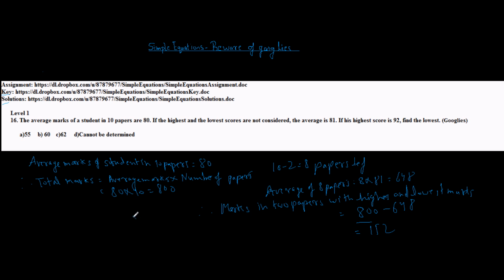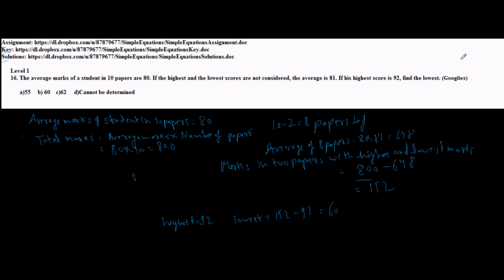Since highest is equal to 92, lowest equal to 152 minus 92 equal to 60. Hence the answer to this question should be B, right? But this answer is wrong.